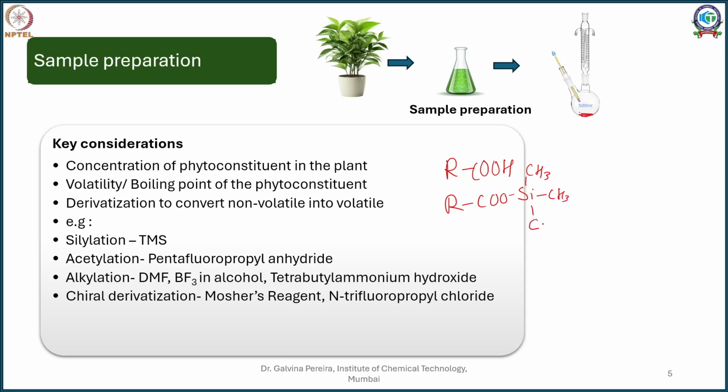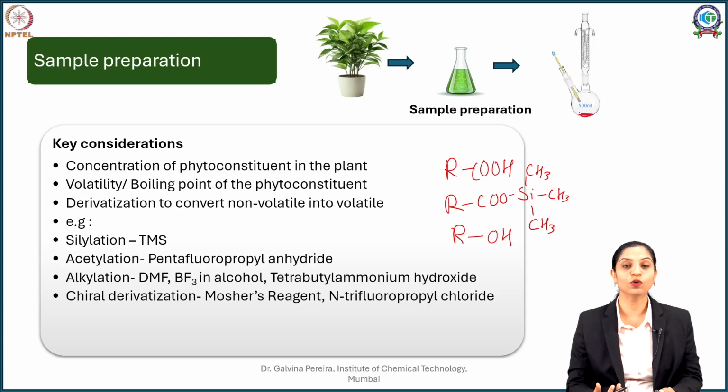Now when it is converted into esters, this can even happen with alcohol. I can convert ROH into trimethylsilyl derivatives and so on. So the first thing you can do is silylation. Converting it into silyl derivatives will definitely make it more volatile.